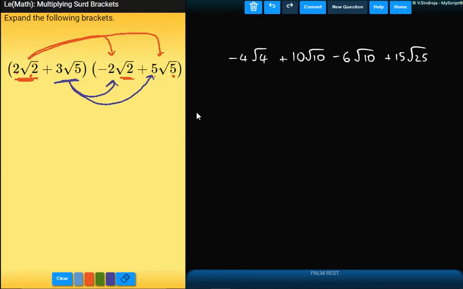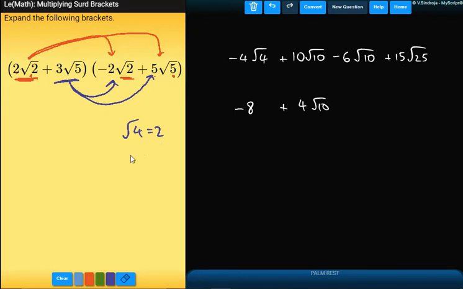Now this looks horrendous. It doesn't look like it simplifies to anything, but it can. Here, the minus 4 is going to multiply root 4. Root 4 is equal to 2, so minus 4 times 2 is minus 8. These two in the middle are going to add together to give you 4 root 10, because it's 10 root 10s take away 6 root 10s, so that leaves you 4 root 10s.